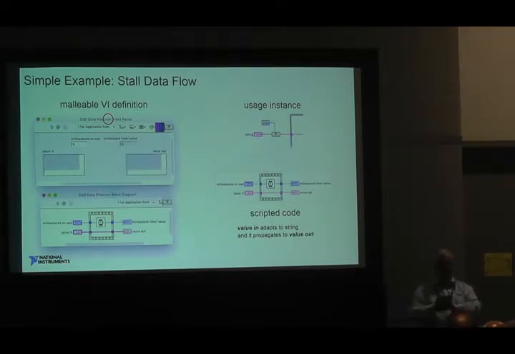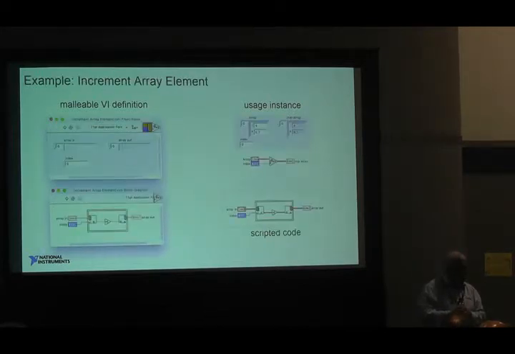And then when we compile, we inline that bit of scripted code that it says there. It's actually no longer using scripting, it's just using our inlining capability. Okay, so that's a simple example.